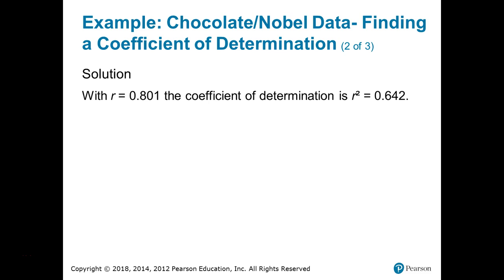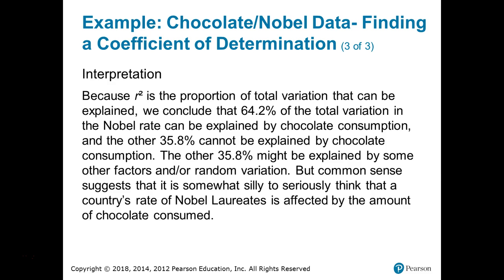If we have an r value of 0.801, the coefficient of determination is 0.642, which is r squared, which means that 64.2% of the total variation can be explained by chocolate consumption. But the complement of that, 35.8%, cannot be explained. So that 35.8% is explained by some other factor or random variation. It's not because of the chocolate.